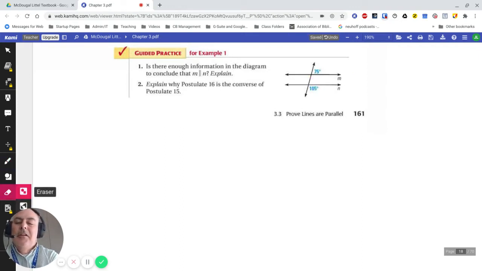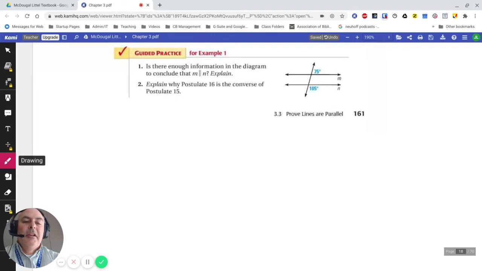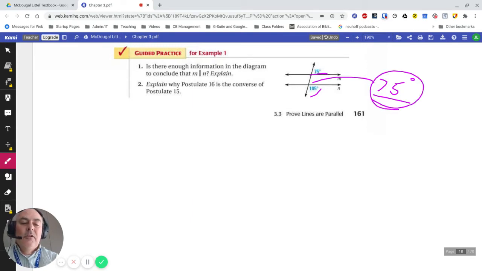Because they form a linear pair, they're going to be supplementary, meaning they add up to 180 degrees. So since this is 105, I know that angle will be 75 degrees. And if this is 75 and that's 75, those are now corresponding angles. Since they're equal, I've just proved that those two lines are going to be parallel.